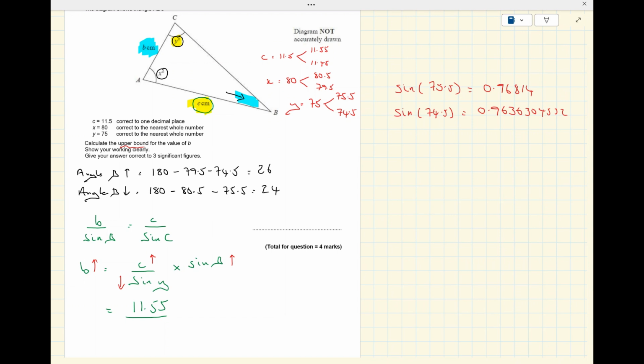So sine of the lower angle is less, and because I want the lowest possible sine Y, I'm going to have on the bottom sine of the lowest angle, 74.5.